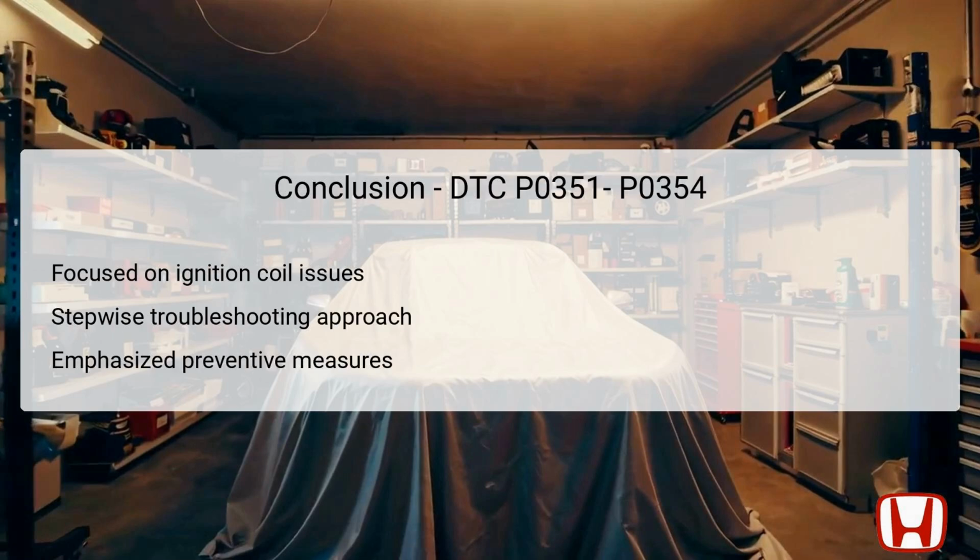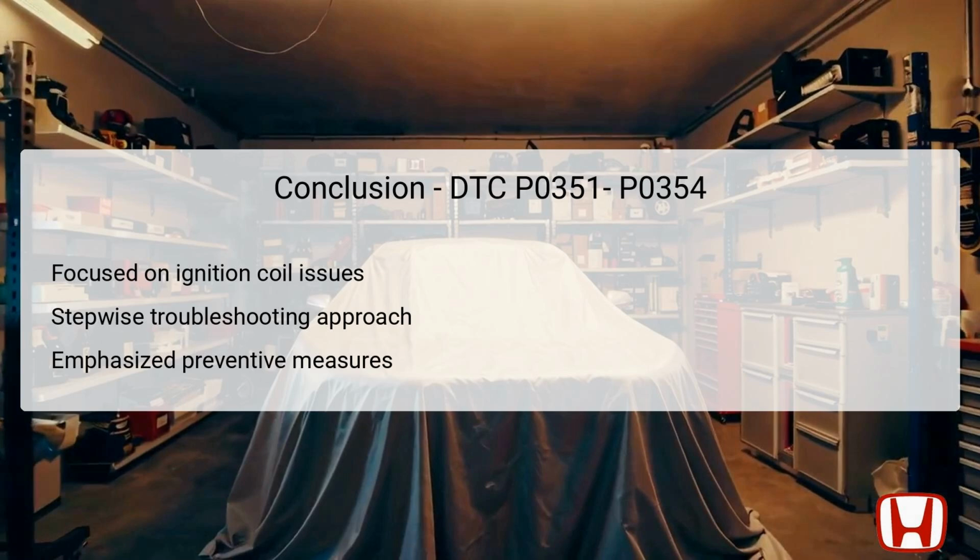In conclusion, this presentation detailed DTCs P0351 through P0354, which represent ignition coil circuit malfunctions in Honda Accords from 2017 to 2023. A systematic troubleshooting approach allows for precise diagnosis and effective repair of these circuits.